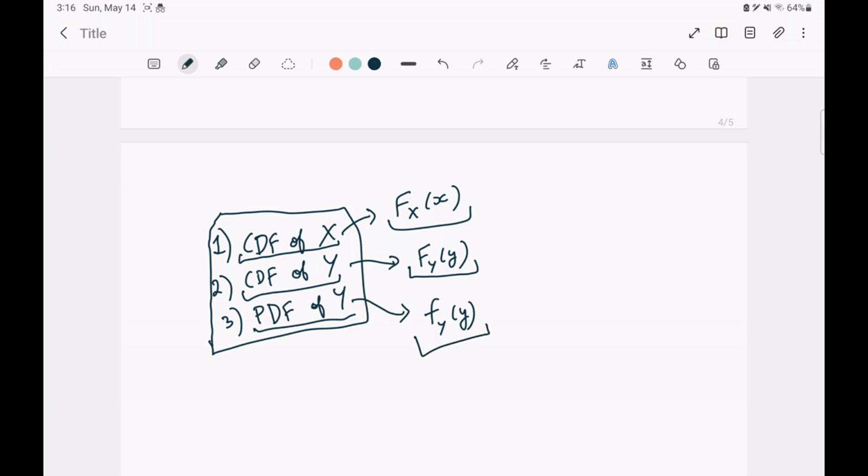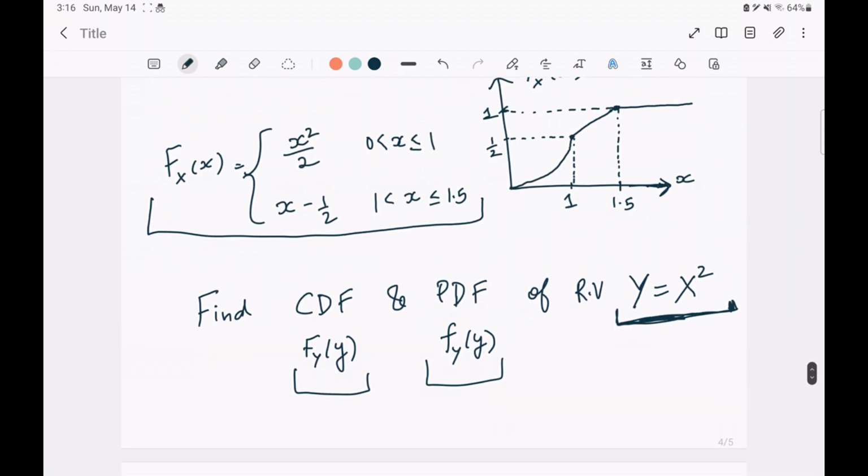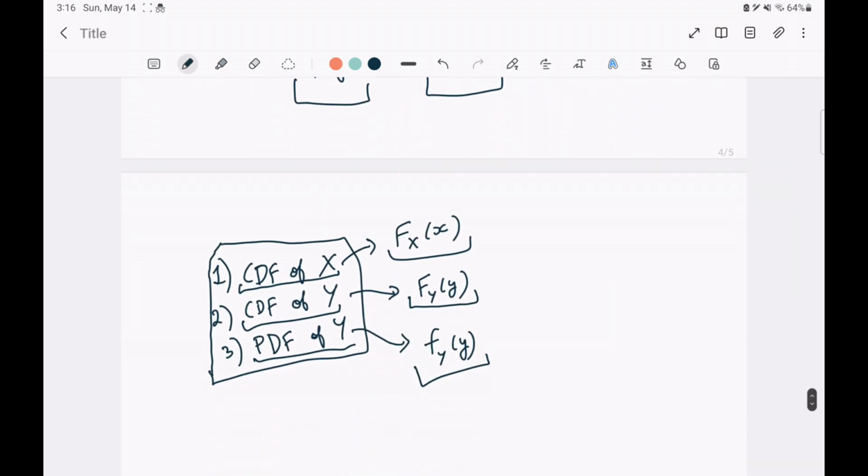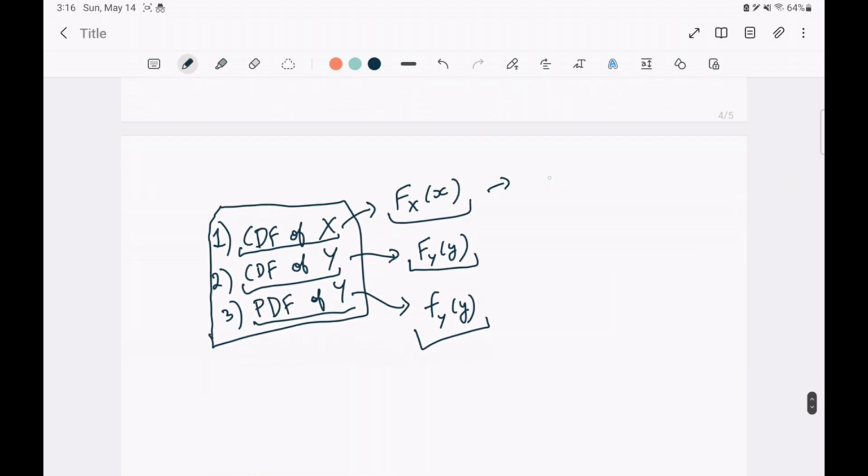Now we already know the cumulative distribution function of x, which is defined like this, and this can also be written as P of capital X less than or equal to small x. So the probability of a random variable lying at a value less than x is denoted by the cumulative distribution function of x.